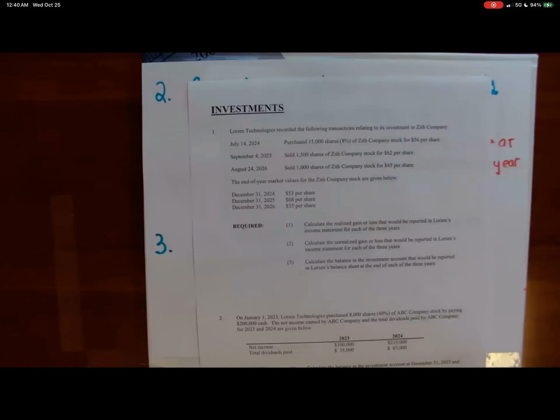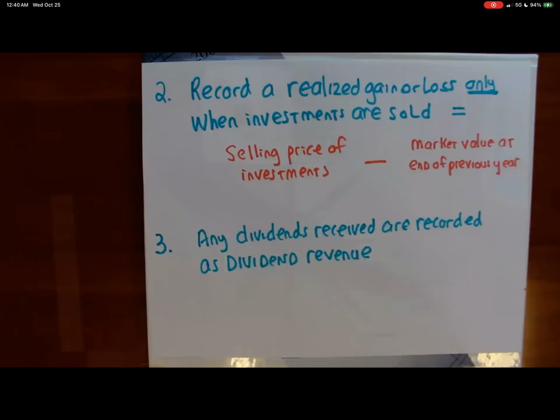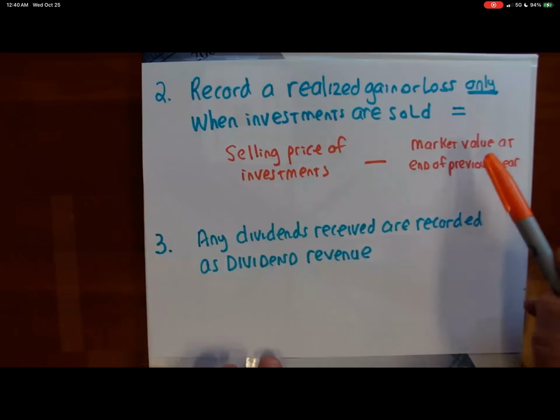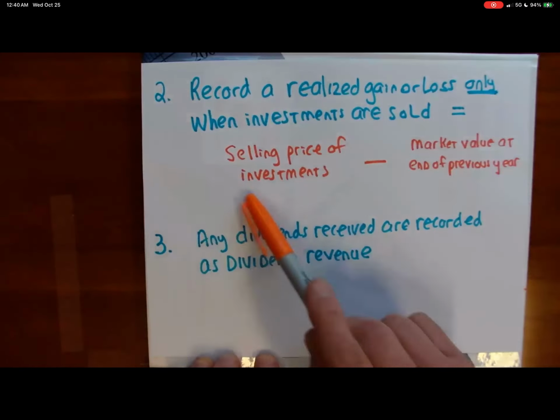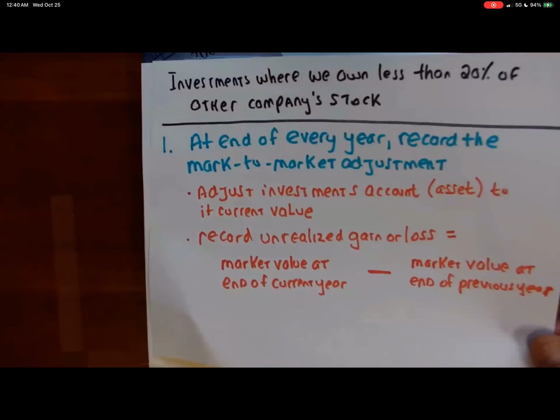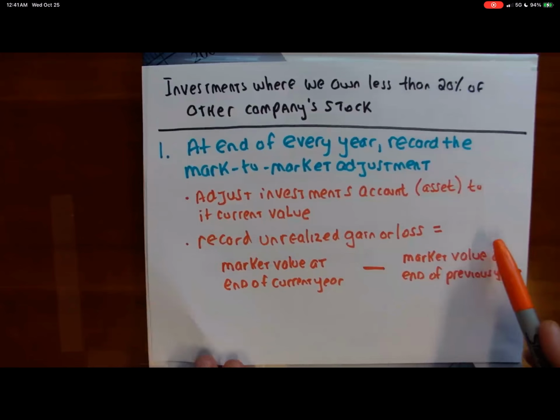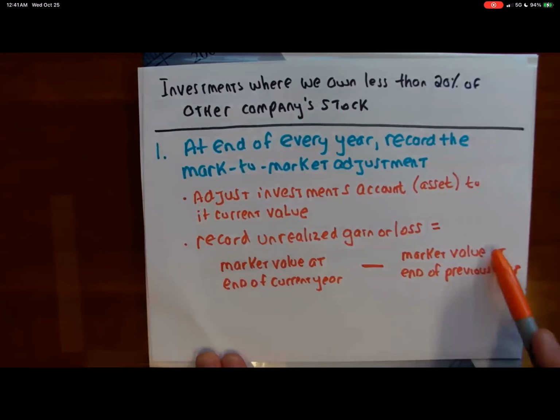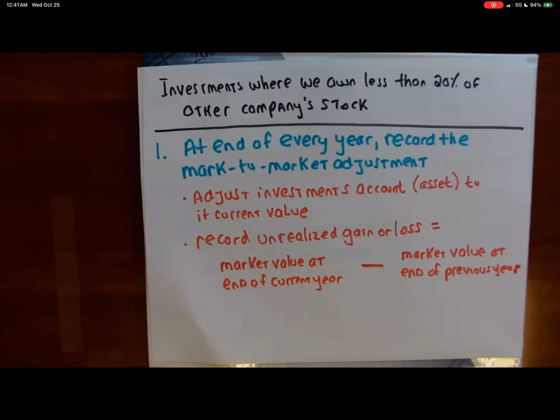And I've asked you to do 3 things for each of those 3 years. Number 1, this one right here: calculate the realized gain or loss. Number 2, for each of those years, do this one: calculate the unrealized gain or loss.